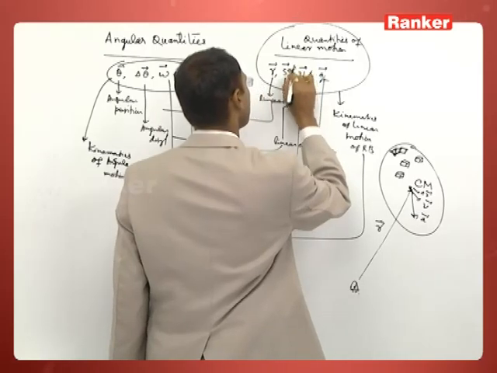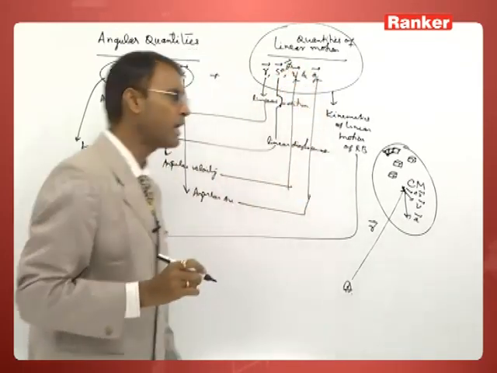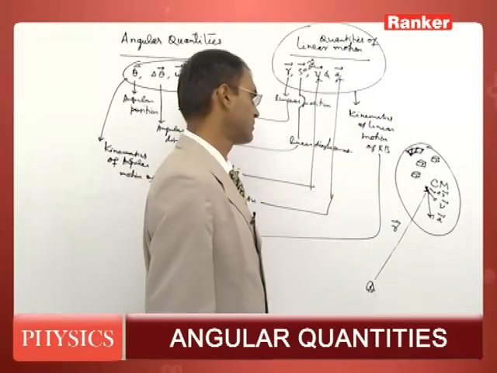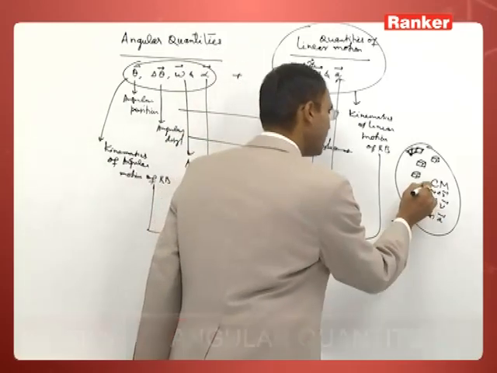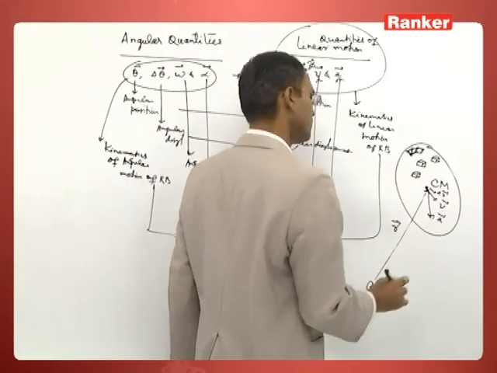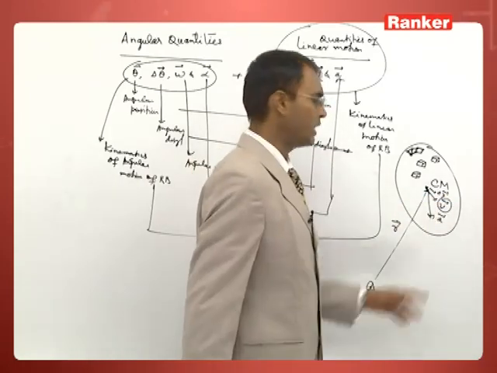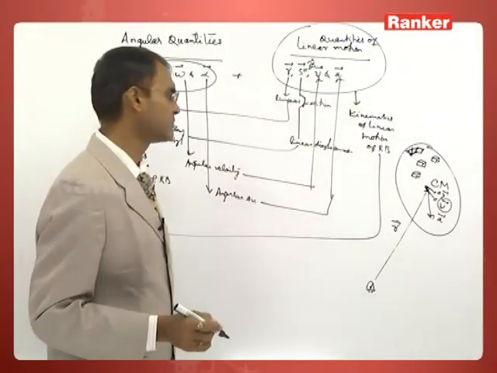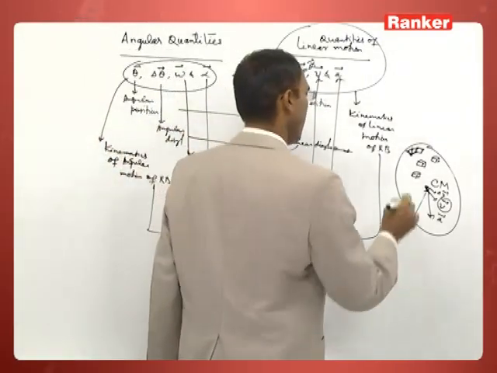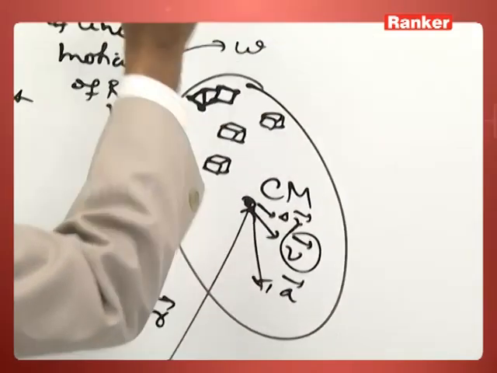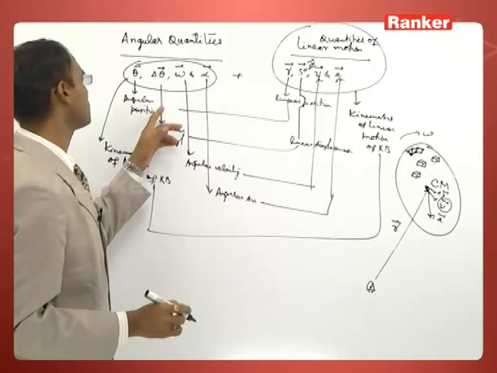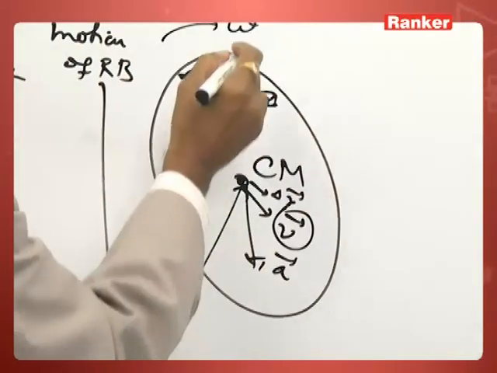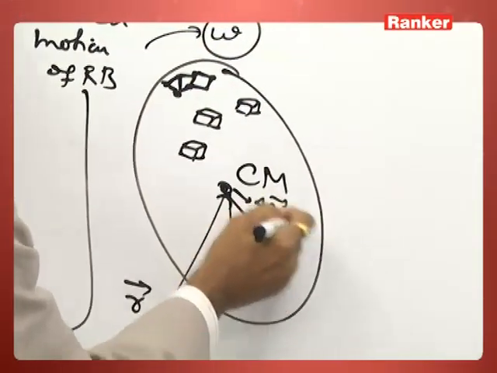S can be written as del R, as you know, in particle kinematics. So, when the rigid body moves, it can have linear motion. When it has linear velocity of the center of mass, we call it a linear motion, and when the rigid body undergoes an angular motion, it must have angular velocity. So, the entire motion of a rigid body is characterized by the angular velocity and linear velocity.